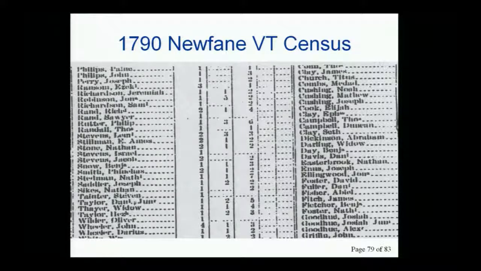He's one adult, 3 sons, and 6 females in the household. Slide 80, I looked at the microfilmed vital records for Vermont, and I find a Sophia Rudder, born in Newfane, Vermont in 1784. Father Philip, mother not given, always useful.